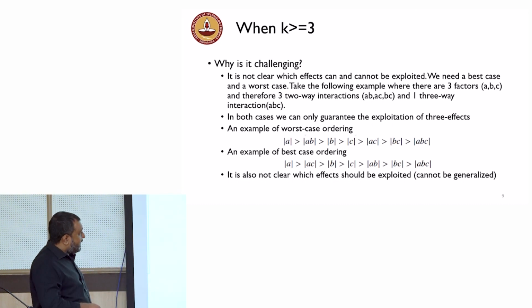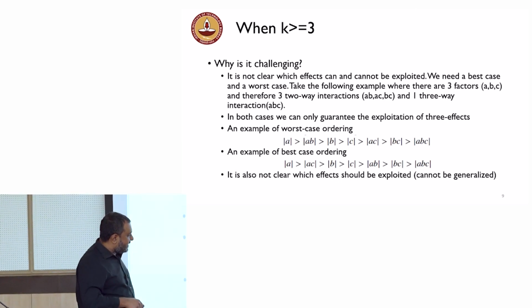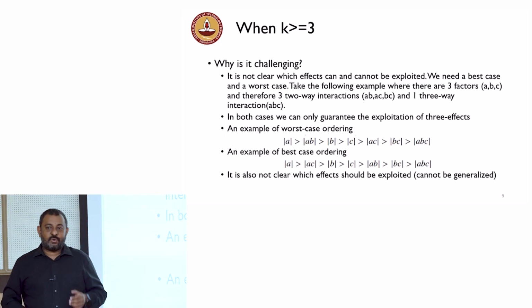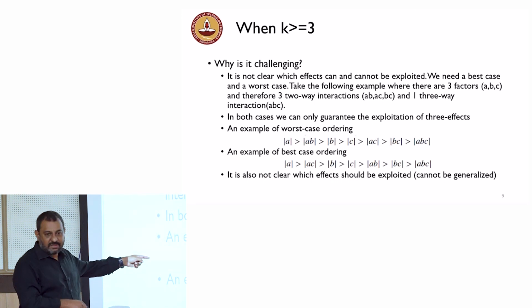Now, not only is the problem annoying because of the best case and worst case, it is further annoying because it is not clear whether it's in your best interest to exploit the top. You could find cases where not exploiting AB has benefits for you in B, but you would have preferred it because AB is bigger than B, but AB might have a downstream effect on BC, ABC.